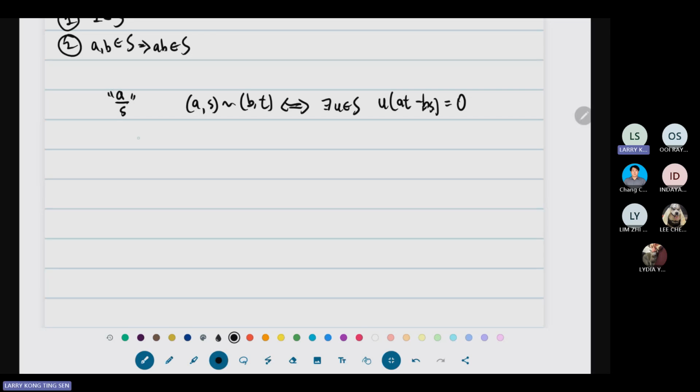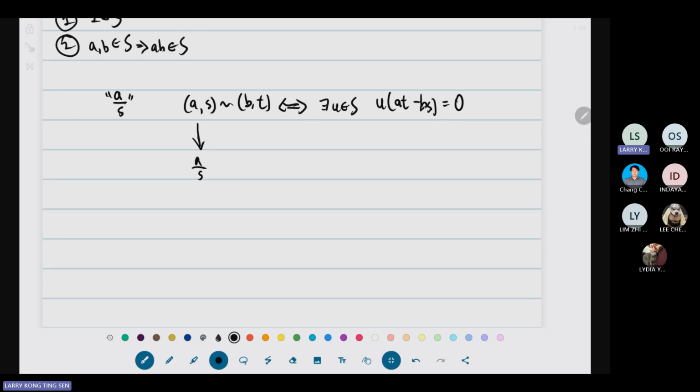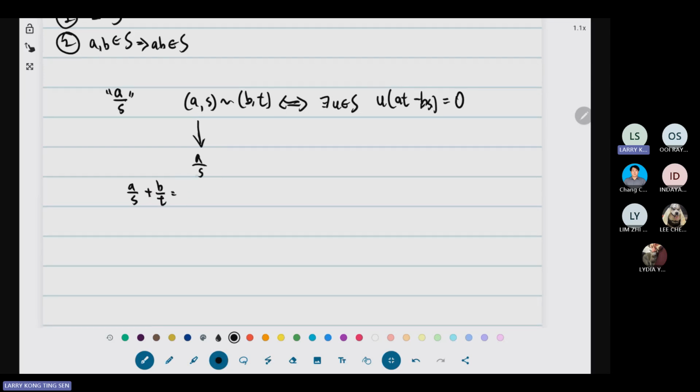And we call this A over S. And of course, we can define addition and multiplication in the same way you define it for rational numbers. And a/s times b/t is basically just ab/st.